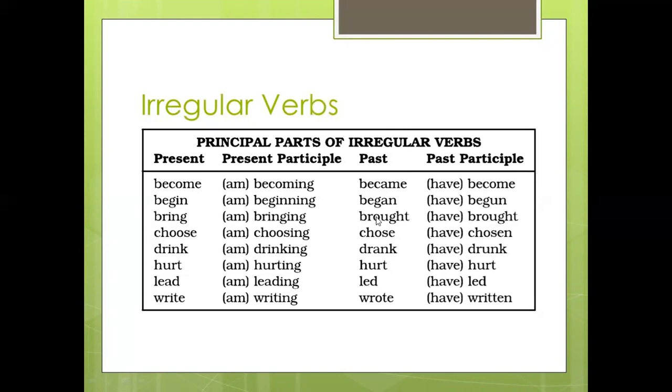Bring is becoming brought and brought. Choose, chose, and chosen. Drink, drank, and drunk. Hurt, hurt, and hurt. Lead, led, and led. And write, wrote, and written. So this way we can change irregular verbs into past and past participle.